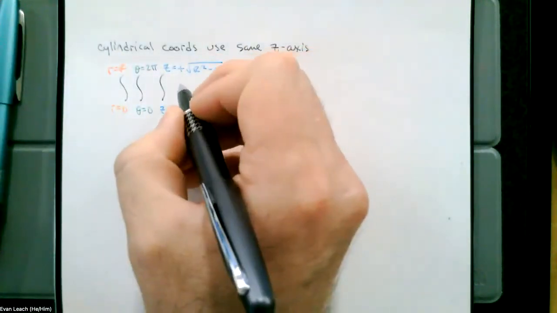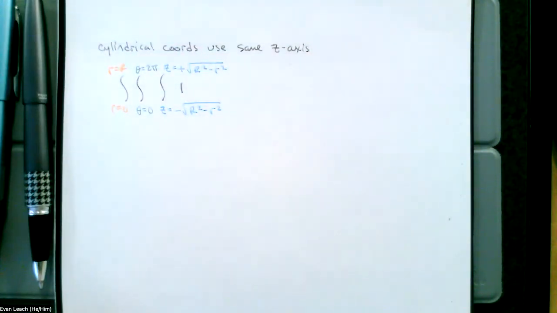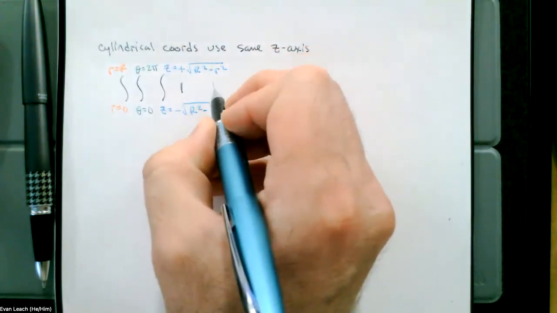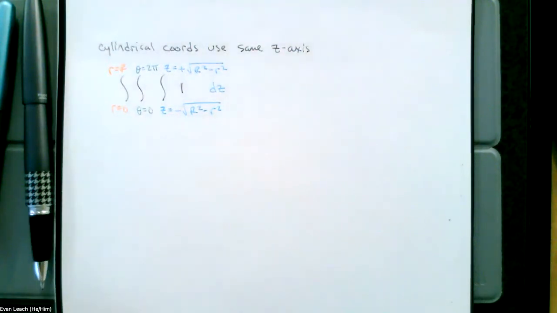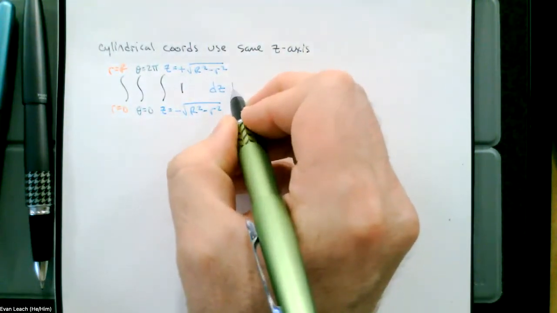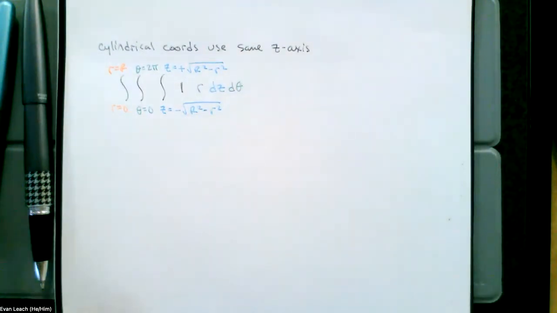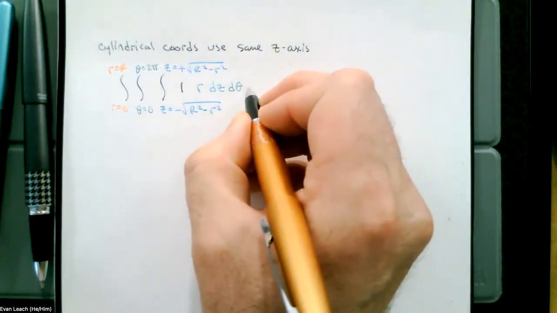We're still integrating the function 1. The first variable we're integrating is dz. The next variable is d theta, but d theta is not a distance, so I have to multiply by r with the arc length formula. And then the last variable we'll integrate is dr.